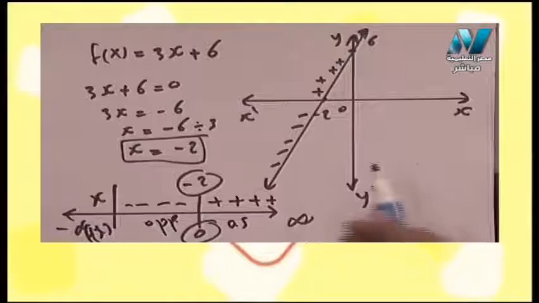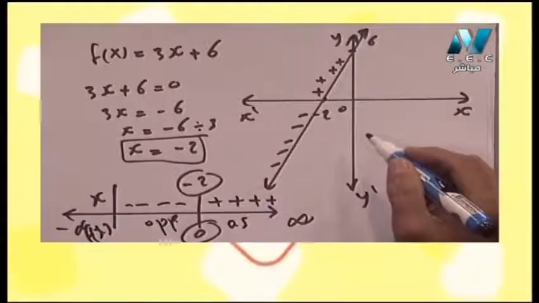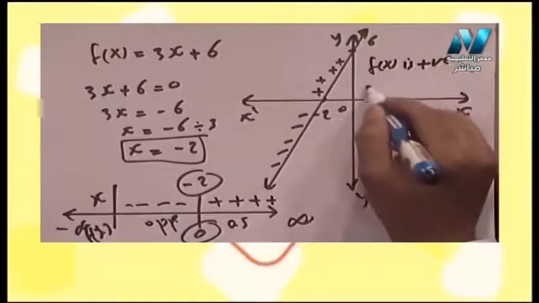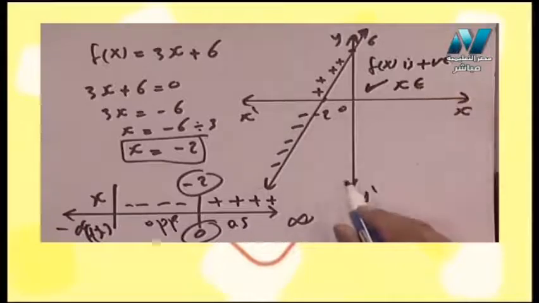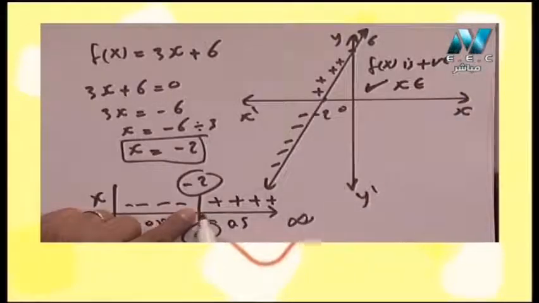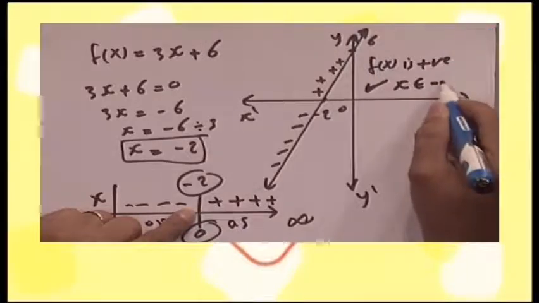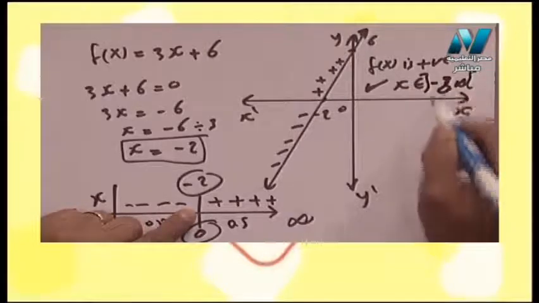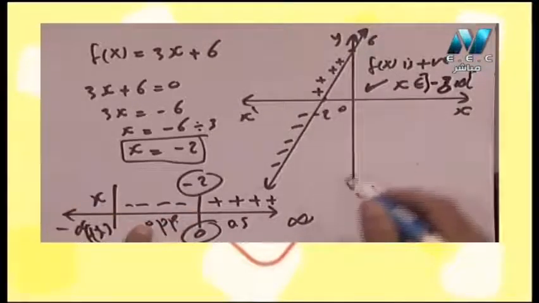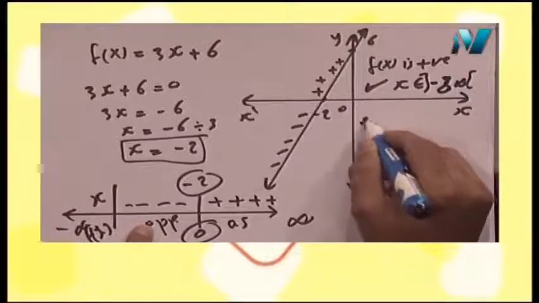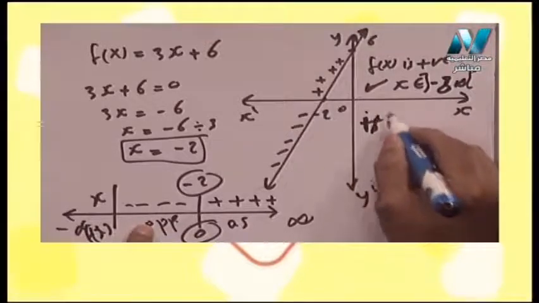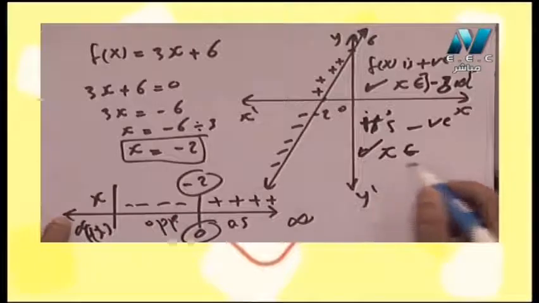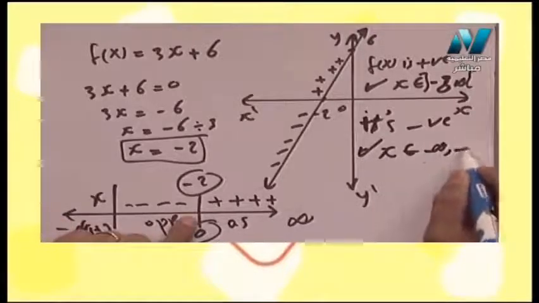So when we talk about this function, it is positive for all x belonging to all the numbers which are greater than negative 2, so from negative 2 to infinity. And it's negative for all x belonging to from negative infinity to negative 2.